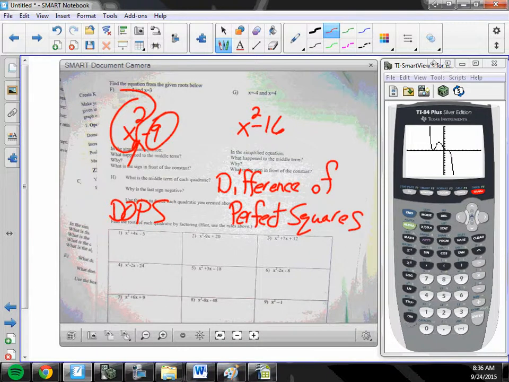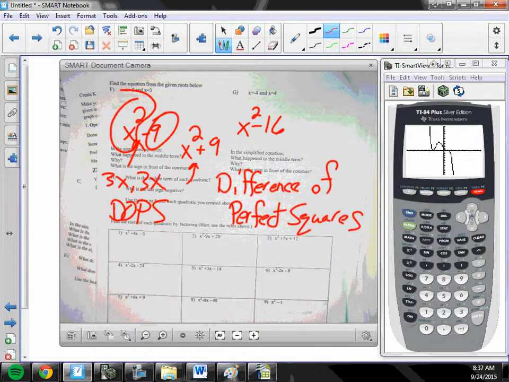So if I had x squared plus 9, so why does this not factor? Right. There's no way to cancel the x's and have a positive 9 term. Because my choices are 3x and 3x.